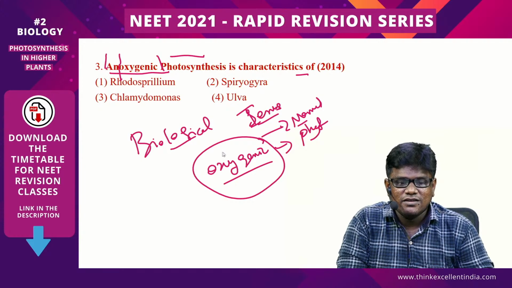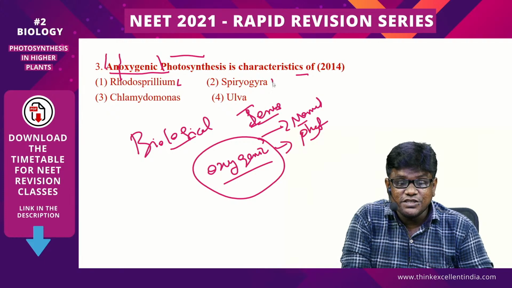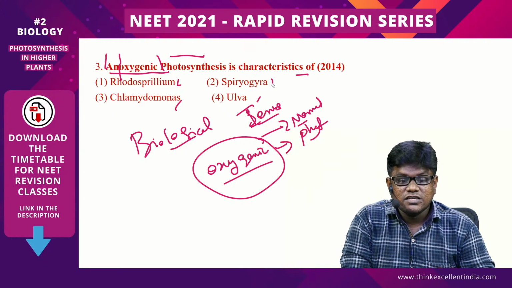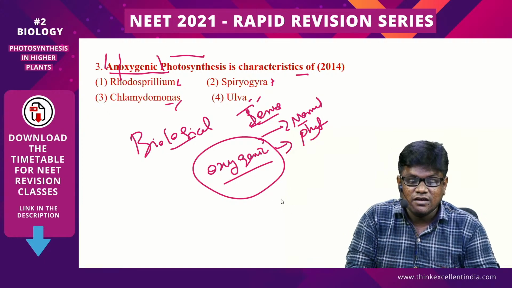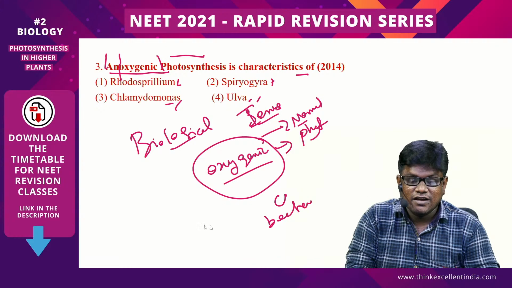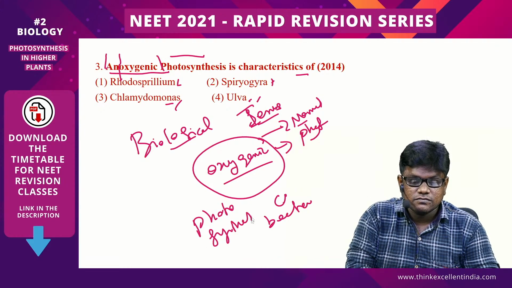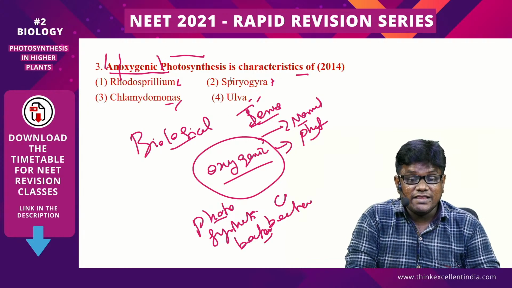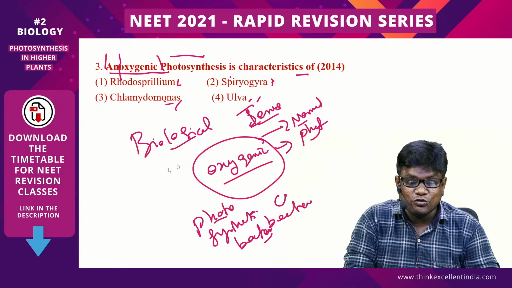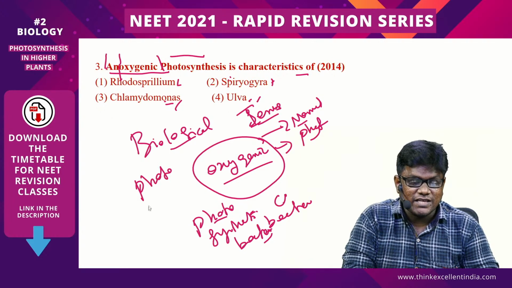When you talk about anoxygenic, what does it mean? Different types of photosynthesis respond to the different species that we are going to talk about. Spirogyra, Chlamydomonas, Ulva, these are all things you have seen. And the bacteria, what sort of bacteria? They are photosynthetic bacteria, and these bacteria always do photosynthesis because they have pigment.